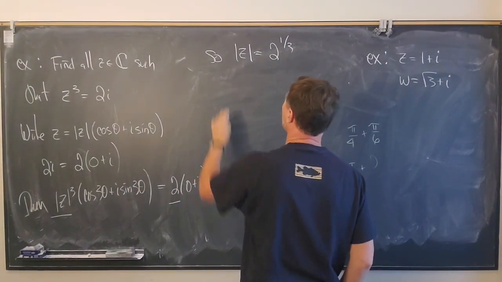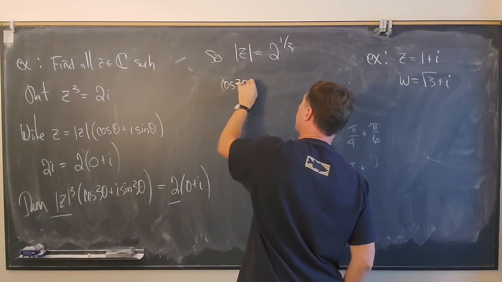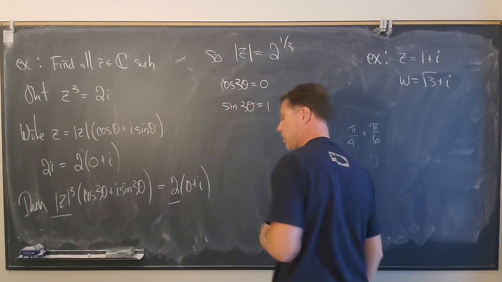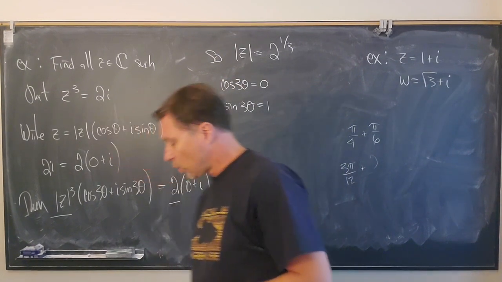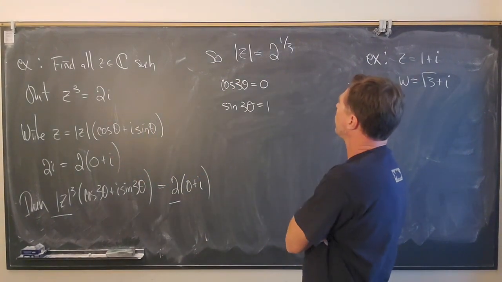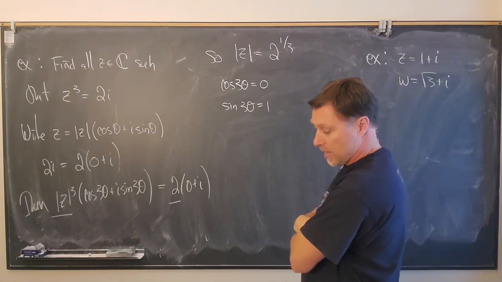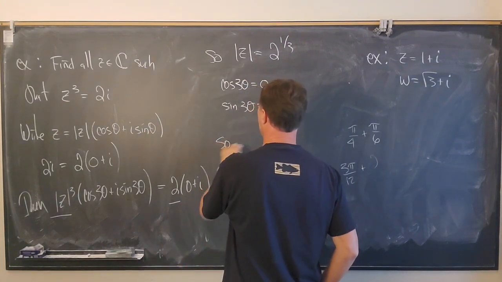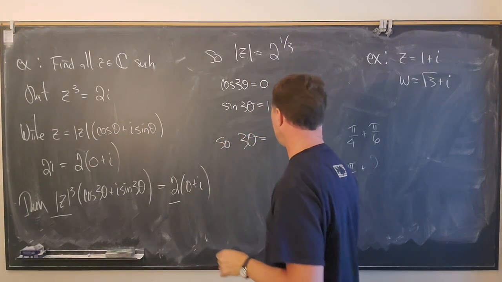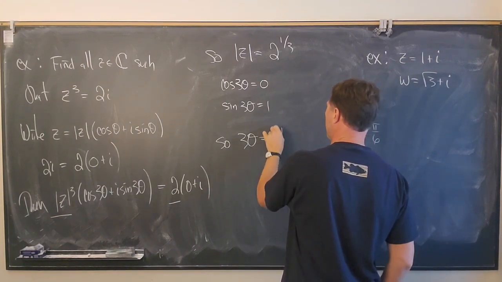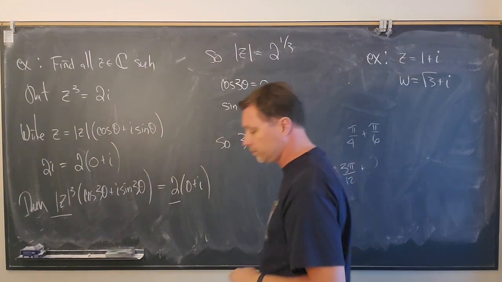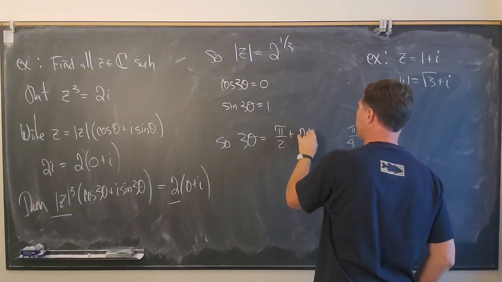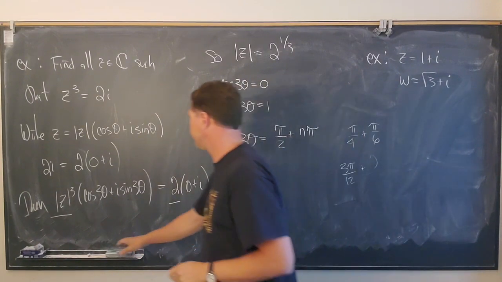So what does the solution look like? Well, it tells us that 3 theta has to be pi over 2 plus an integer multiple of pi. Right?